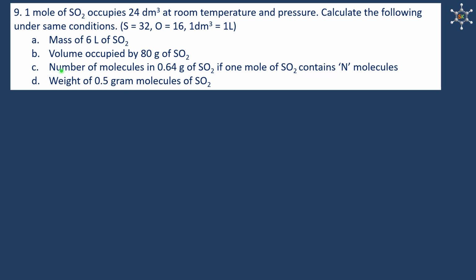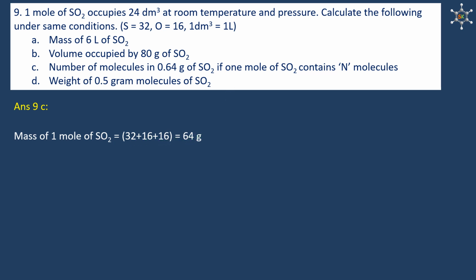Question C. Calculate the number of molecules in 0.64 gram of SO2 if 1 mole of SO2 contains N molecules. Molar mass of SO2, or mass of 1 mole of SO2, is 32 plus 16 plus 16, 64 gram.